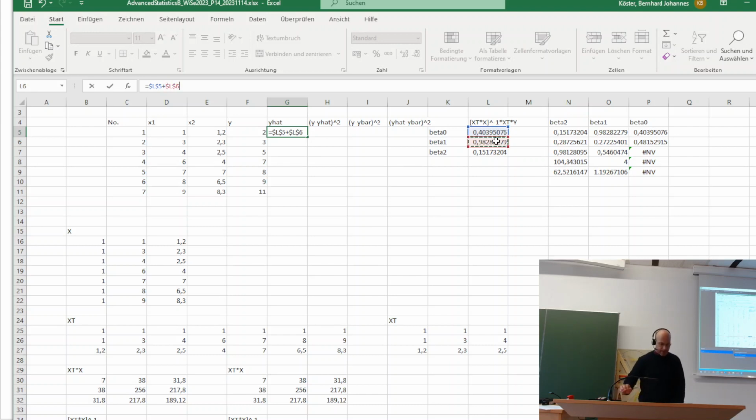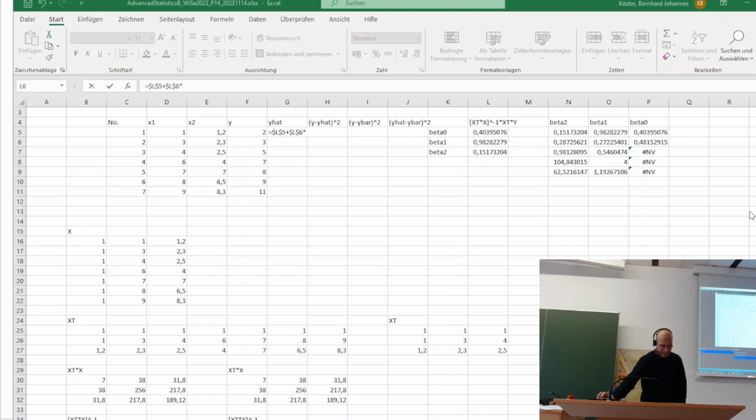This is the estimator for x1, also fixed, times x1. So you see up there that this is the formula, you know what I'm doing.